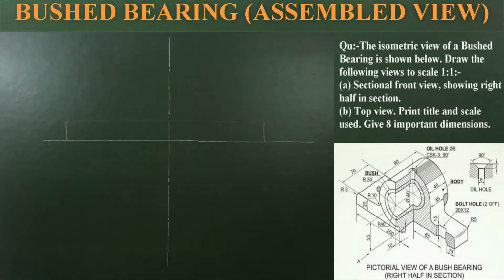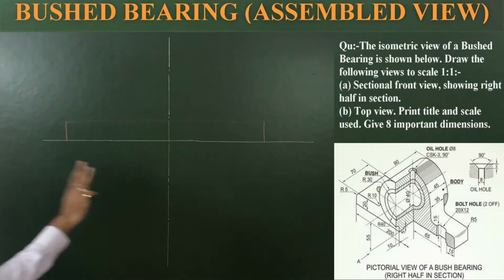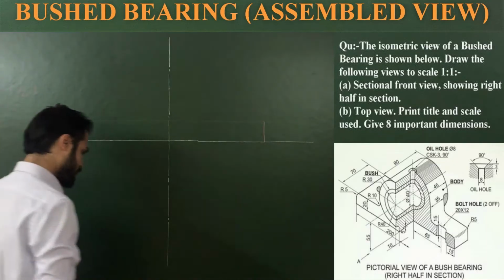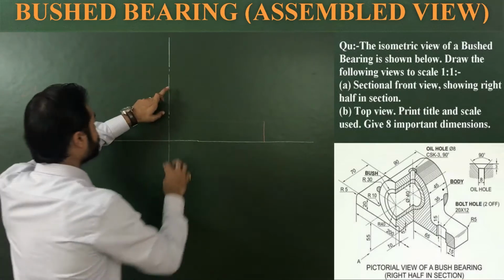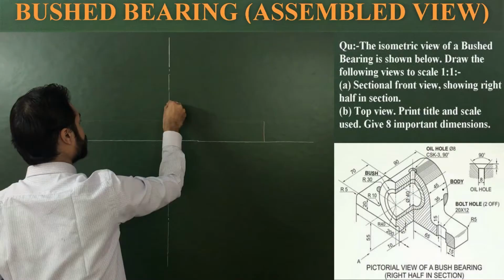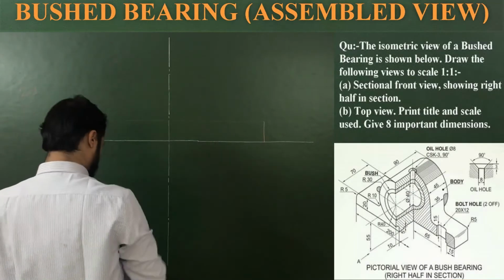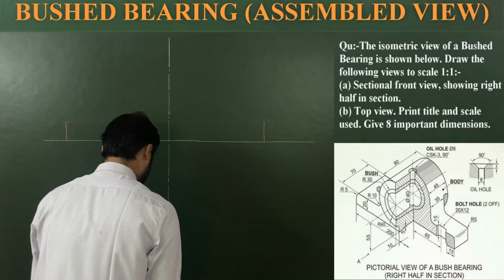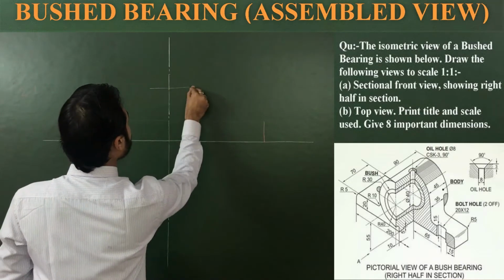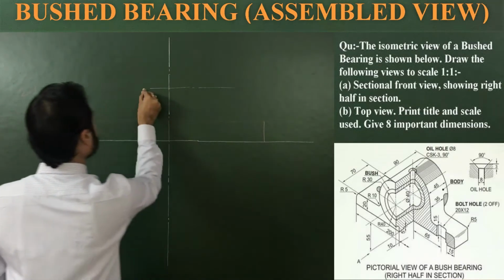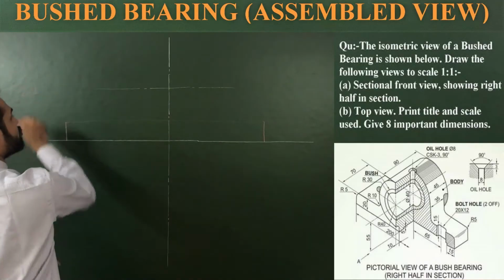Now from the center we have 3 circles. First circle of radius 20, dia is 40, and before that, the axis from the center.